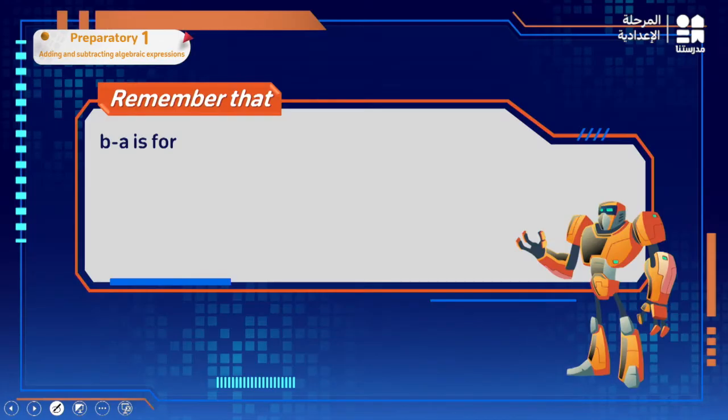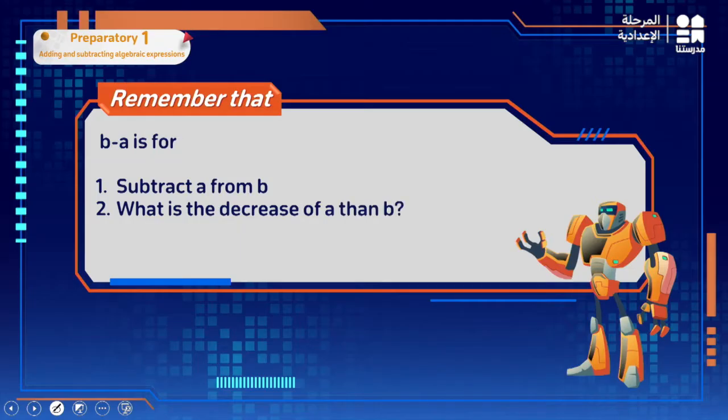Now remember that we are going to write b minus a for "subtract a from b", and that's what we said in the last session. So we are going to switch the order, start from b, then subtract a from it. What else? What is the decrease of a than b?